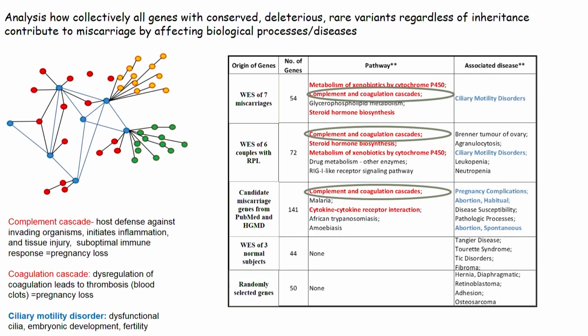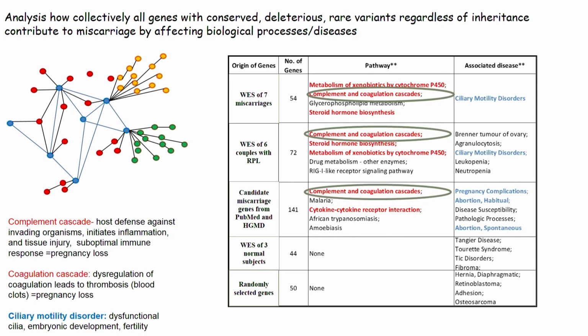What is probably more relevant is to compare the finding with enriched pathways from the 141 positive control genes, which would be those that were identified in PubMed and the Human Genome Mutation Database that are clearly associated with pregnancy loss and abortion.